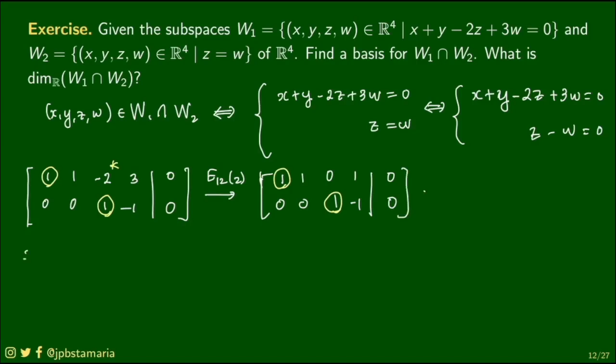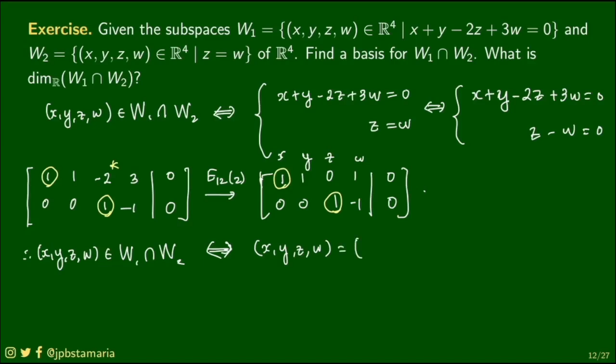So therefore, (x, y, z, w) is in the intersection if and only if... How do we describe the points in the intersection? Here y and w are free. So I can write y as r, for example, and w as s.